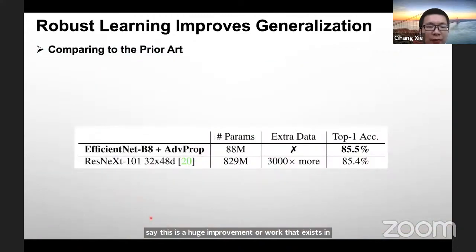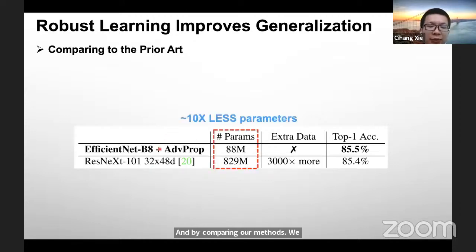And then we compare our models to the previous state of the art on ImageNet classification. The previous state-of-the-art model was released by Facebook, where they trained the model on billions of Instagram images with weak labels. Comparing with our method, which is the first row here, in terms of parameters we're 10 times less.